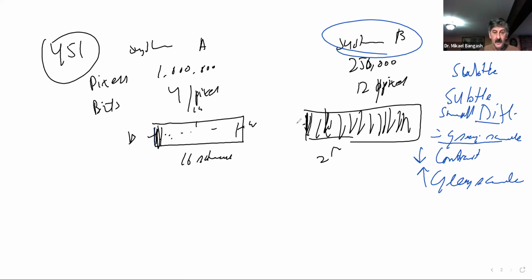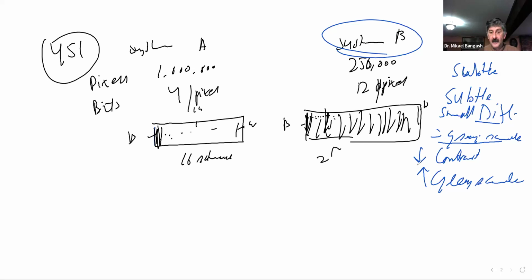On one side it's still going to be black, and on the other side it's still going to be white. But as you go from the darker side to the lighter side, the difference between this shade of gray and the next is going to be lesser.